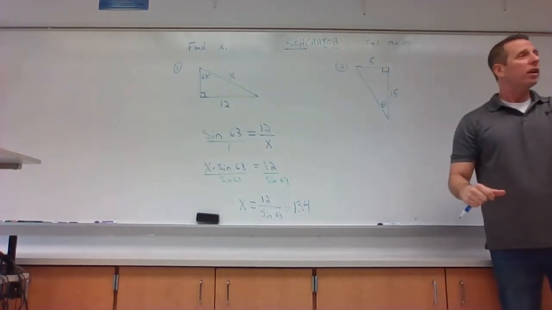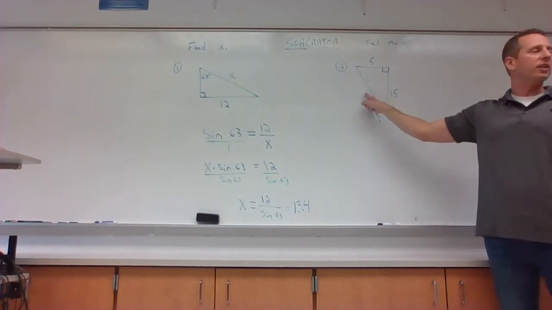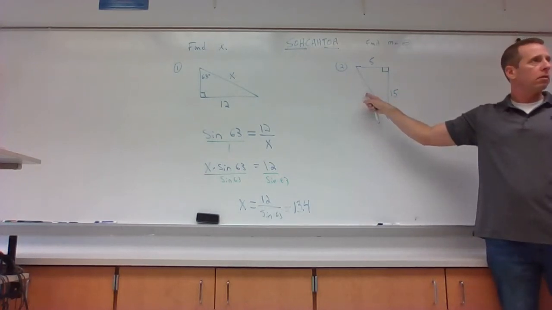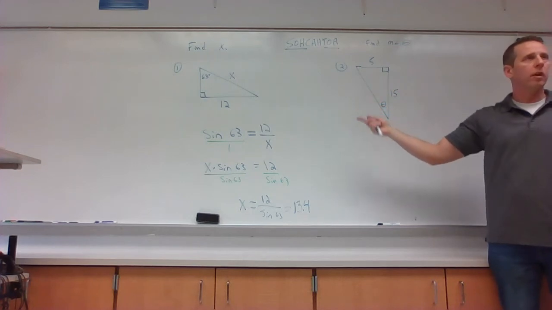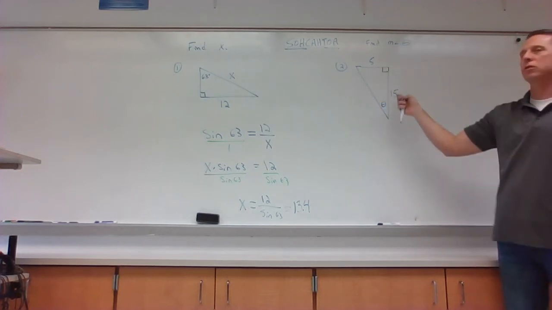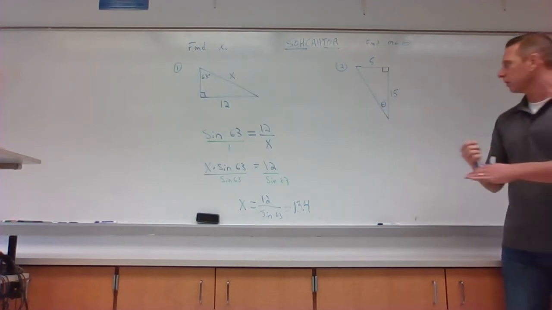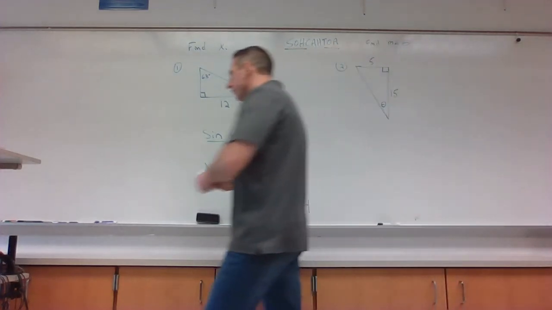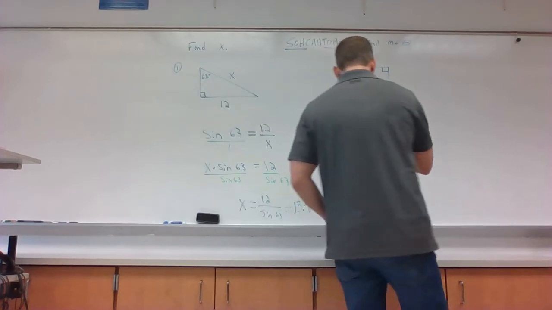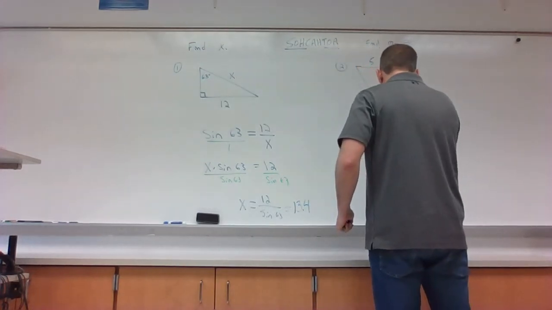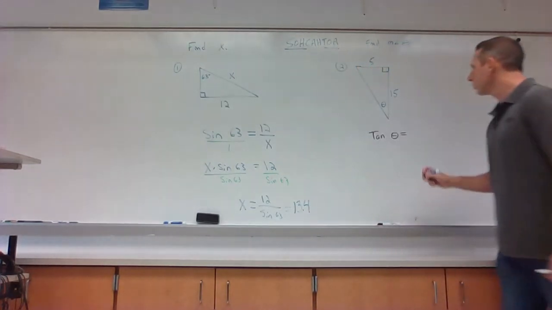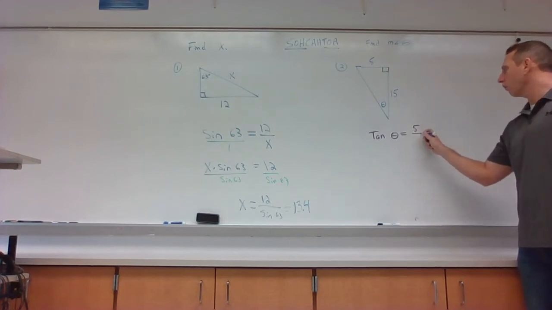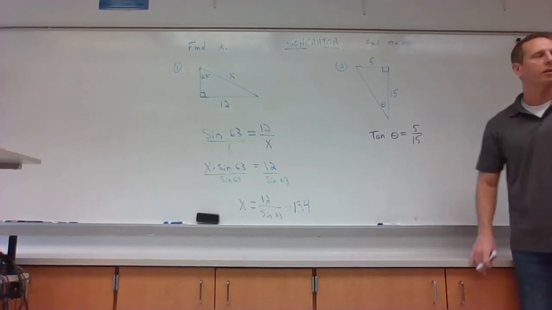Now, you could do the Pythagorean theorem and find the missing side, and then use that side. But why do extra work? We already have those two sides. Let's use tangent. We set it up the same way. Tangent of the angle equals opposite over adjacent.